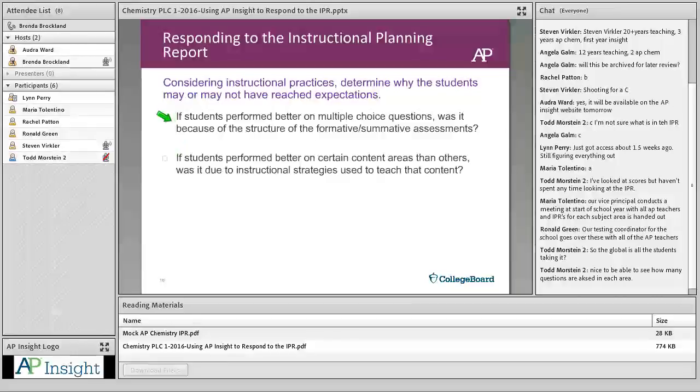Or instead, was it because of maybe some of the activities that the students were doing, or maybe just the way that the questions were worded? If, on the other hand, you saw some areas where the students were doing really well, again, what kinds of things might you have been doing in class that you really were proud of, that you wanted to make sure that you repeated? So those would be some things that you'd want to start to look at.